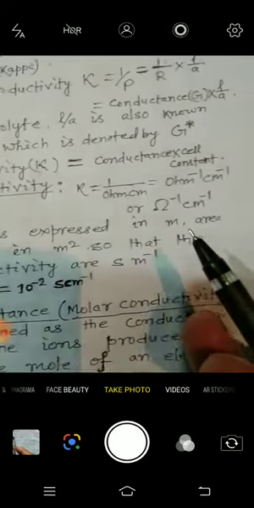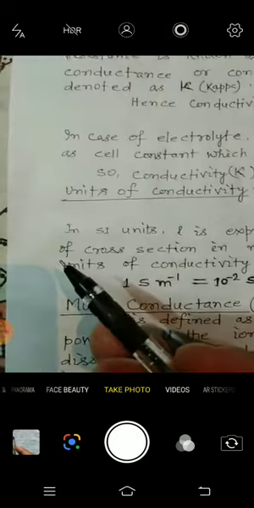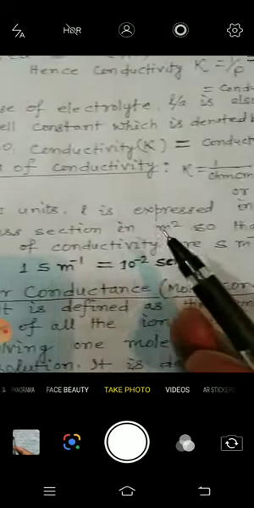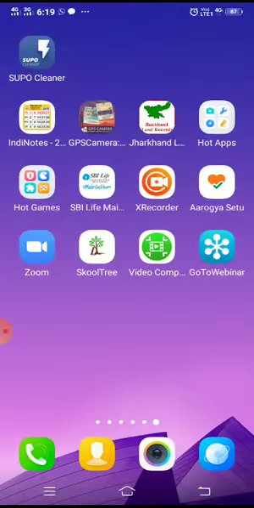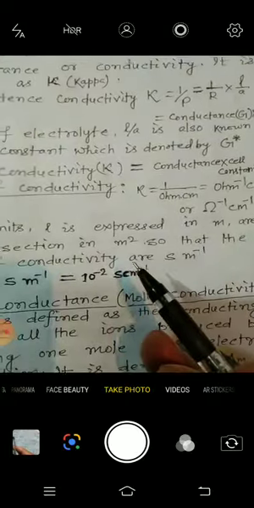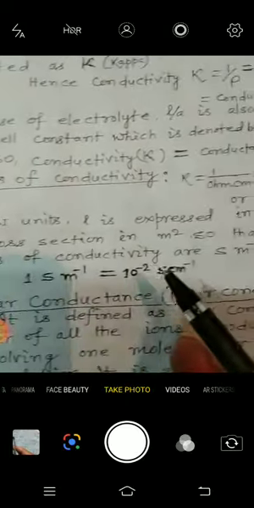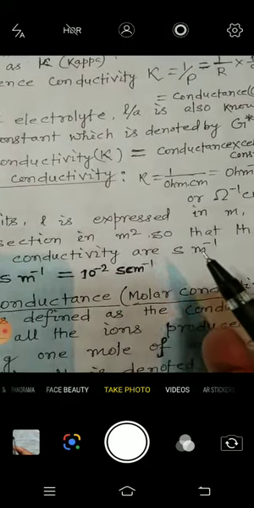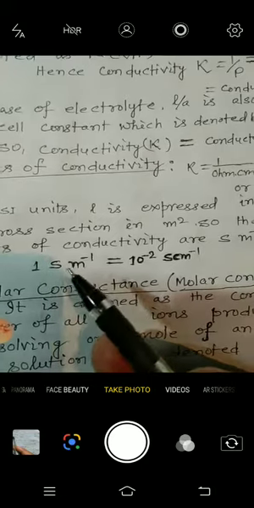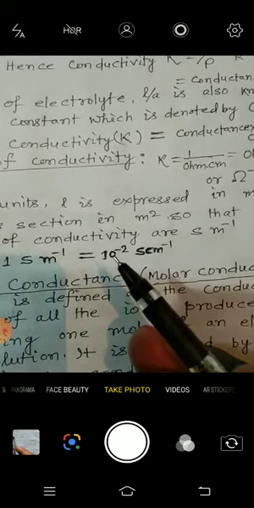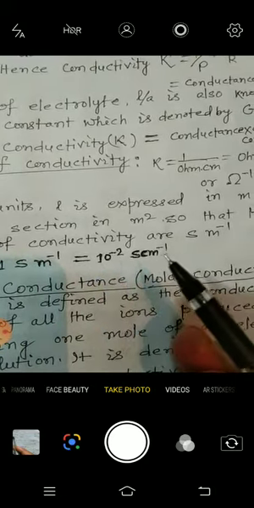In SI units, L is expressed in meter and area of cross section in m square, so the units of conductivity are S meter inverse. Hence 1 S meter inverse will be equal to 10 to the power minus 2 S cm inverse.